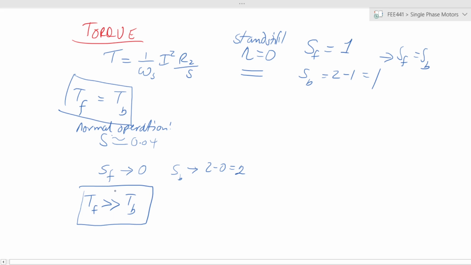And that means that as long as the single phase induction motor is already in motion, there will tend to be a greater torque nudging it in the forward direction than in the backward direction. So as long as the motor is in a state of motion, it will tend to continue in that kind of motion.